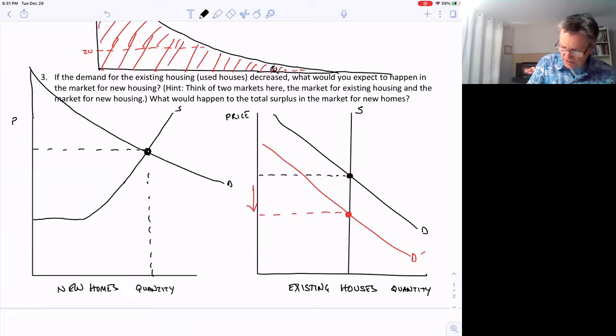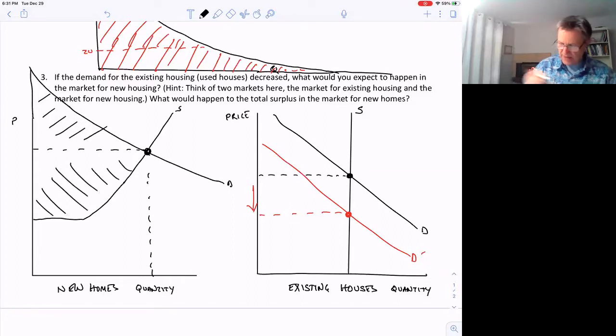The consumer surplus would be this area underneath the demand curve and above the price, and the producer surplus would be this area down here that is above the supply curve and below the price. So the total surplus would be the consumer surplus plus the producer surplus.